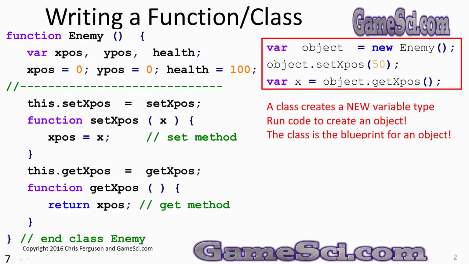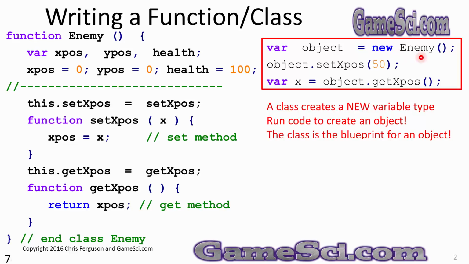Let's run the code to create an object. Remember, the class is the blueprint for the object. I'm going to use my class enemy right here to build a new object and assign it to the variable object. Do you understand what I'm saying when a class creates a new variable type? We've dealt with number types and string types and even array types at this point.